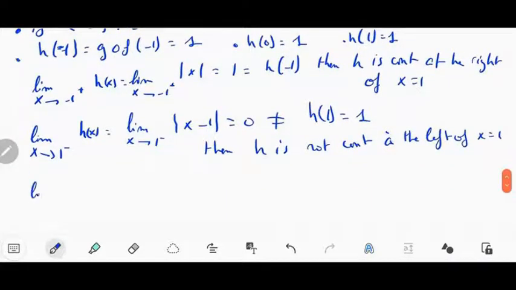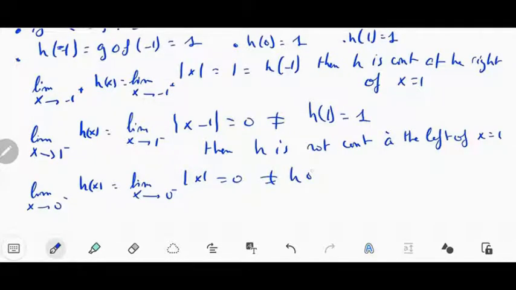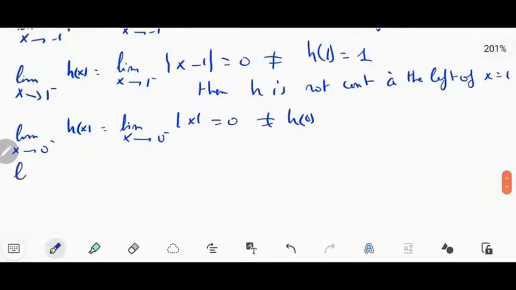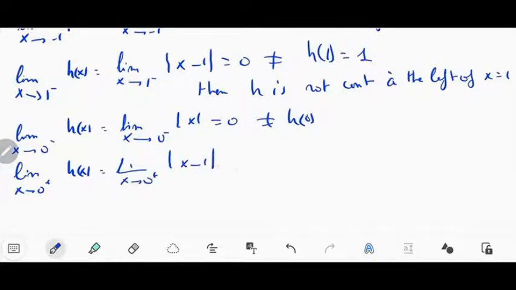And finally, limit when x tends to 0 plus and 0 minus, so 0 minus first, of h of x is equal to the limit when x tends to 0 minus of absolute value of x, because this is the expression of h at the left of 0, which is equal to 0 and not equal to h of 0, while the limit when x tends to 0 plus of h of x is the limit when x tends to 0 plus of absolute value of x minus 1, then it's equal to 1, which is equal to h of 0.